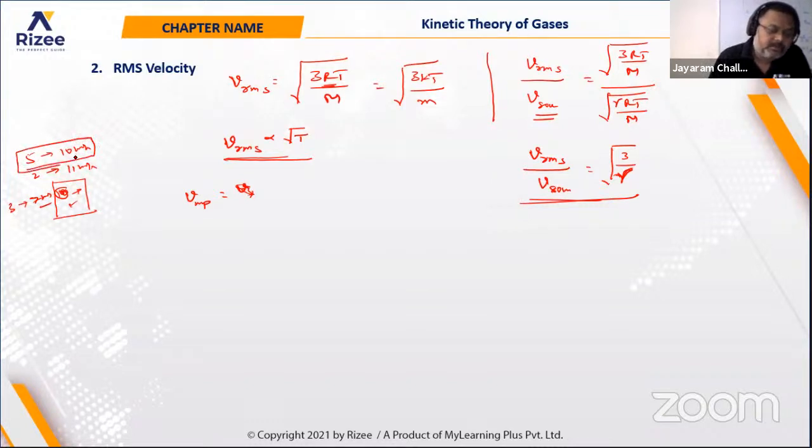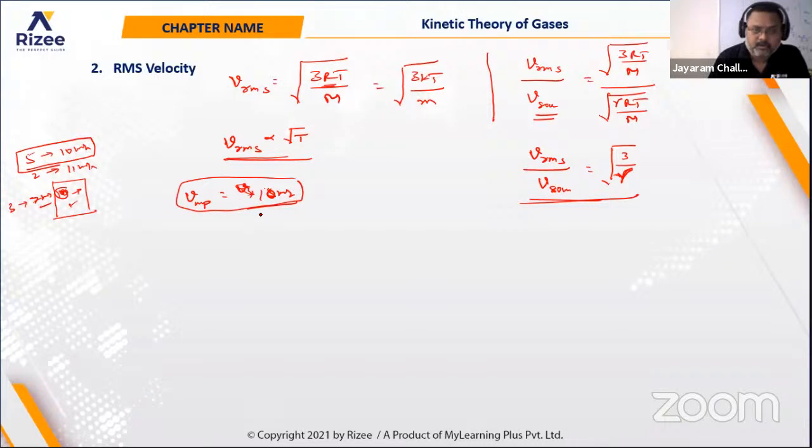So most probable velocity is that velocity which a lot of molecules possess. In this example, it will be 10 meter per second.